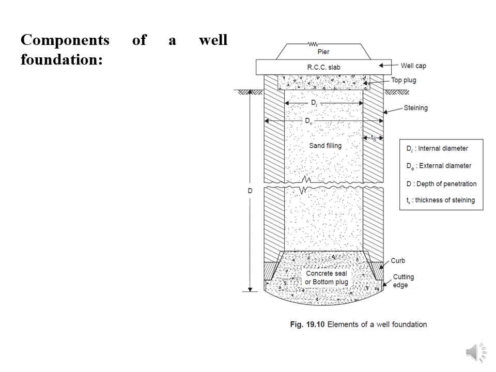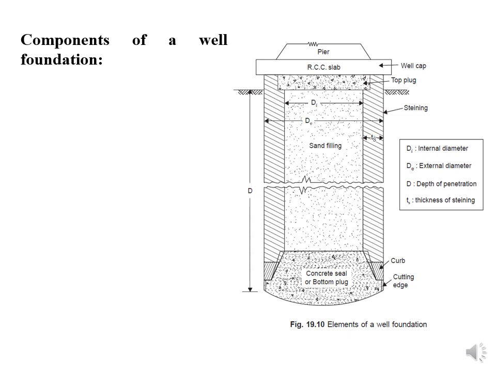concrete seal or bottom plug. You can see a top plug is also there on the top. Once you fill the well with sand, then we close this sand filling by providing the top plug. Above that, an RCC slab is there, that is called the well cap, and above the well cap we have to construct the pier.